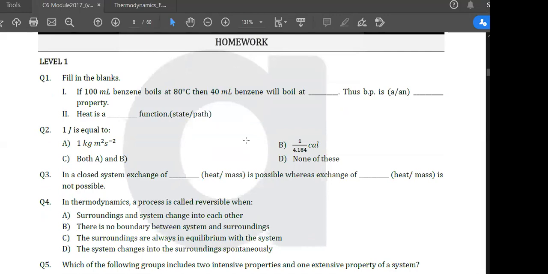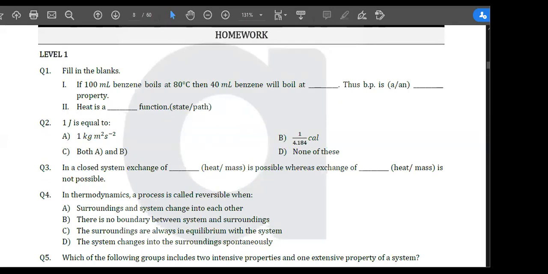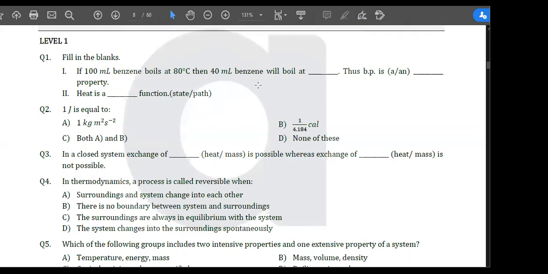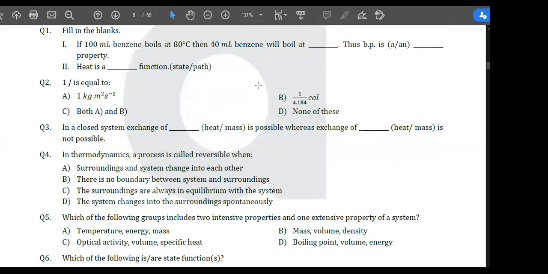No doubt? I guess 1 to 5 is easy. All of you should be able to solve this.